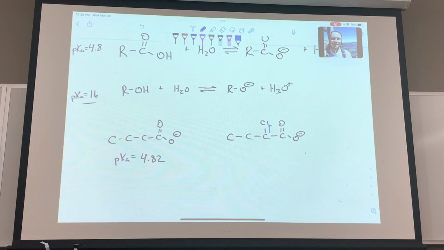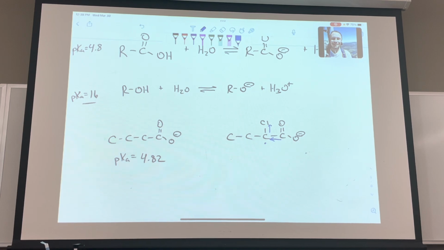Well, that makes that alpha carbon quite electropositive, which means this alpha carbon is really looking for electron density. So it's going to be pulling electron density out of the carboxyl group. And this electronegative atom in close proximity just helps to stabilize that carboxylate through induction.